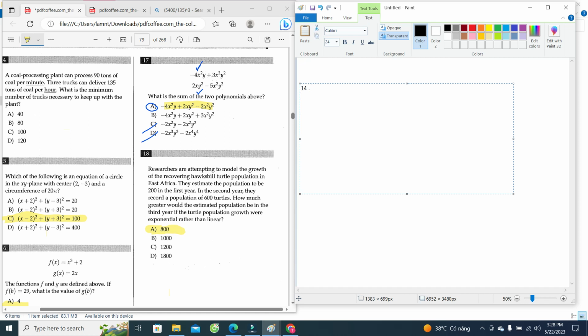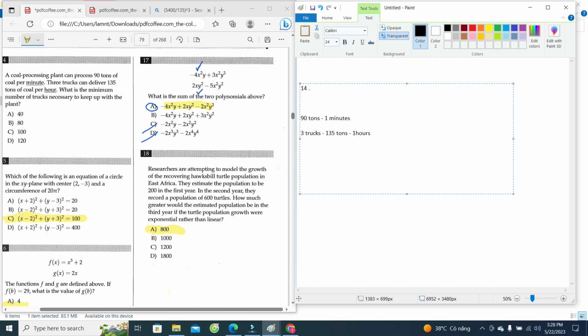A core processing plant can process 90 tons per 1 minute, right? 3 trucks can deliver 135 tons per 1 hour. So what is the minimum number of trucks necessary to keep up with the plant?